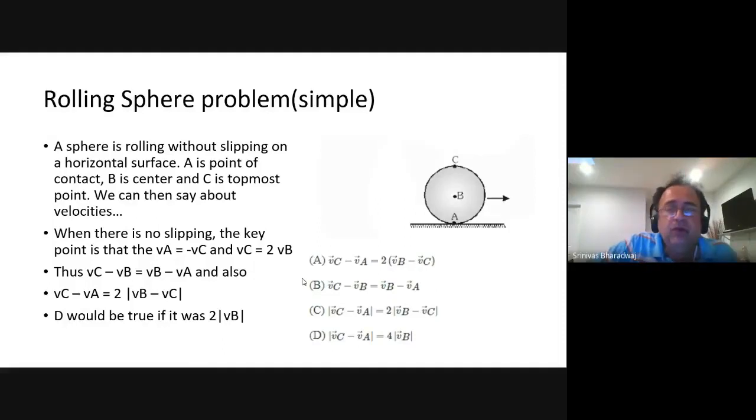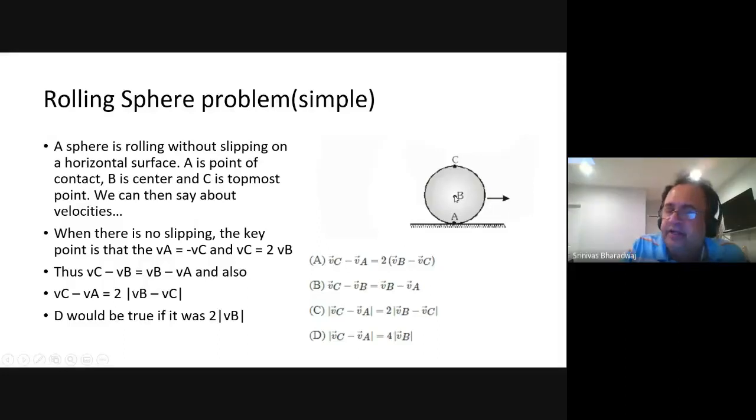Okay. So now when a sphere is rolling without slipping, look at the points. See this point A, right? This point is going backwards. This point C is going forwards, okay? And this point is somewhere in between, okay?